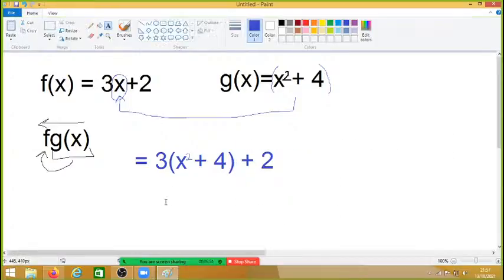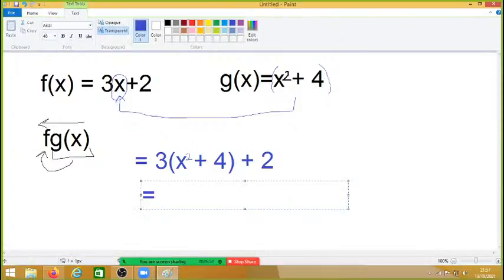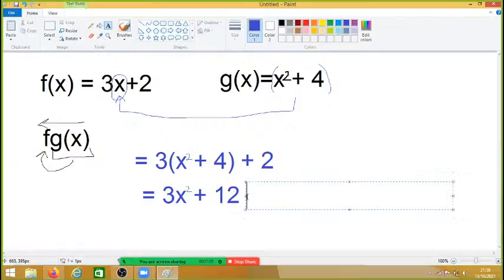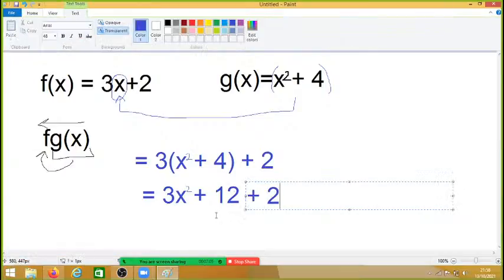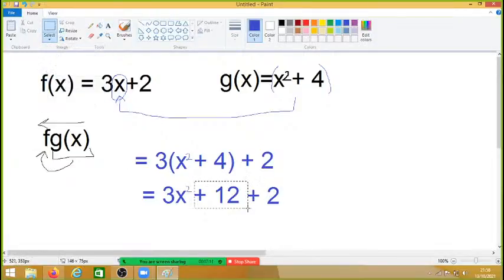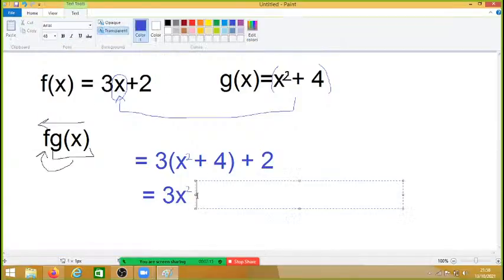And then try and expand that out. So everything in the brackets gets times by 3. So I have 3x squared plus 12. And then the plus 2 at the end is just plus 2 at the end. The plus 12 and the plus 2 can make plus 14. And that's your final answer for fg of x.